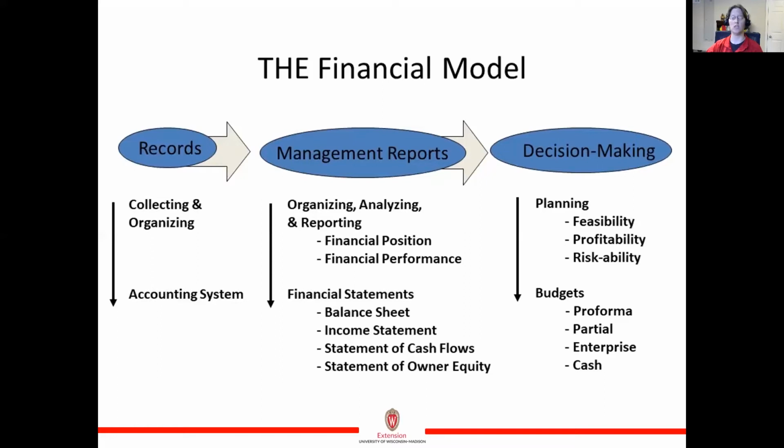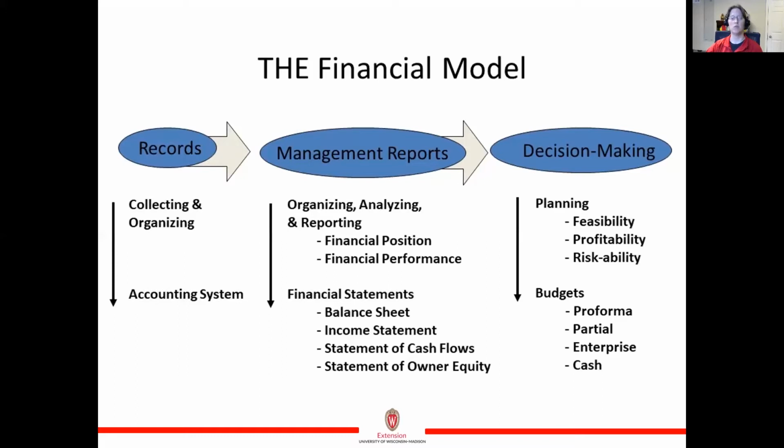These are two key and insightful concepts related to the financial strength of our farm business at a point in time, or position, and how well the farm business has performed over time, its performance. This insight is captured in our financial statements. Our financial statements include the balance sheet, income statement, statement of cash flows, and the statement of owner equity.